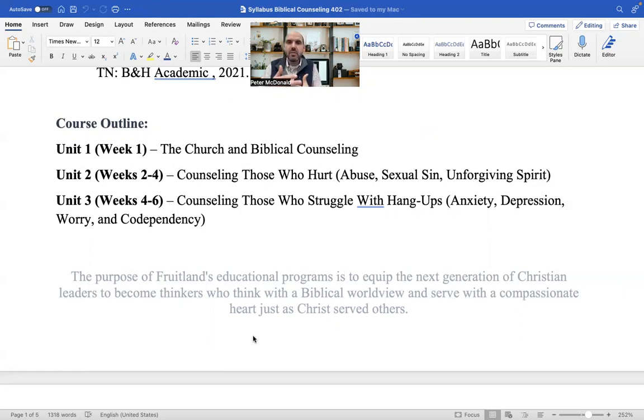So the 12 steps are biblically aligned, and hurts, hangups, and habits are how they categorize the needs of people, and that's what we're going to be using for this course.